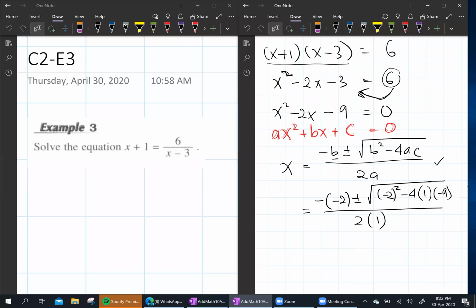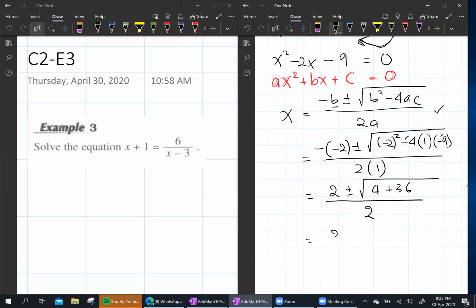So this is 2 plus minus root, minus 2 squared is 4, minus 4 times 1 times minus 9 becomes plus 36. Correct or not? Plus, yes. Then it's plus. So over 2. Correct?